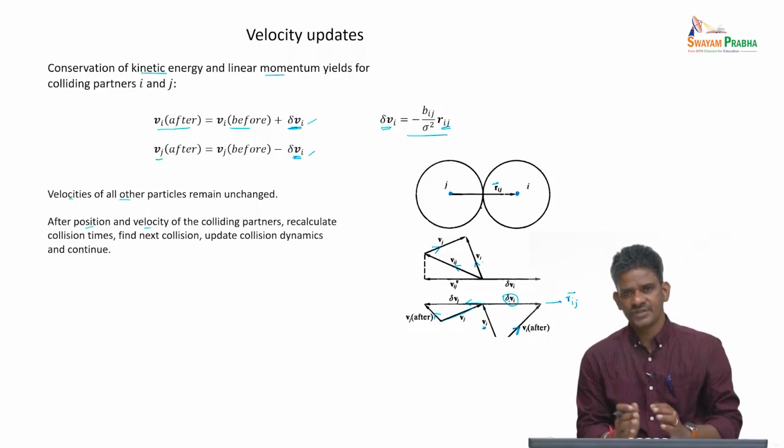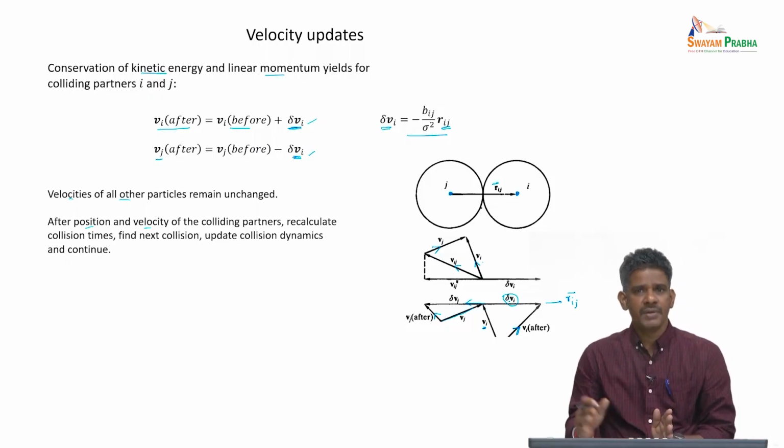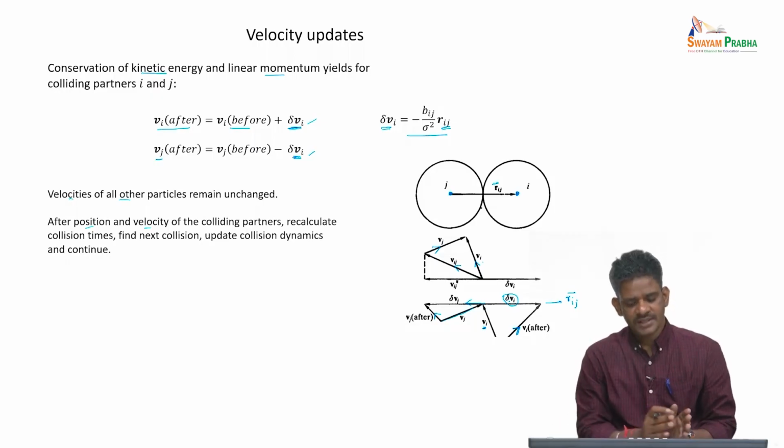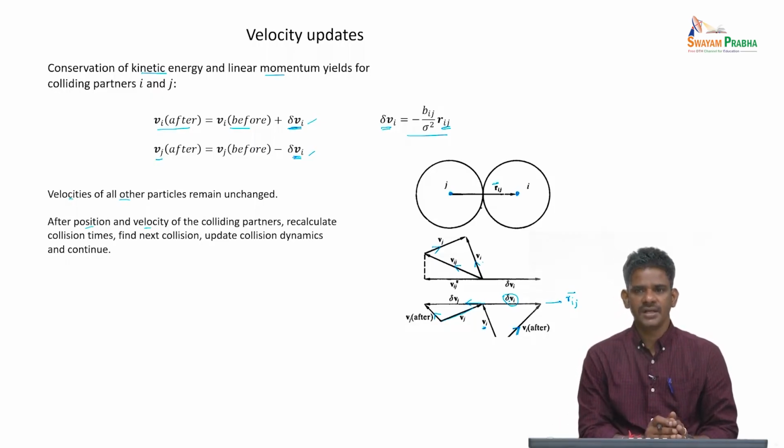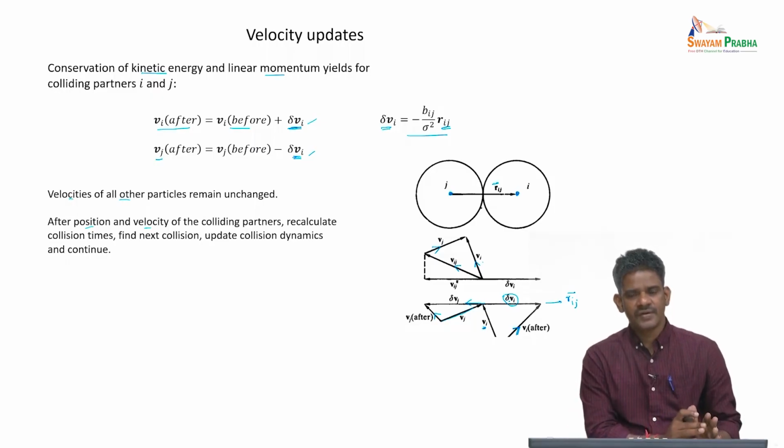So, what we have just done is carry out one particular collision, and then we do many such collisions over a period of time, and this is analogous to integrating the equation of motion in time. In a soft sphere model, the idea is to take a very small time step, and at each time step you calculate forces, update velocities and positions, and move in time slowly step by step.